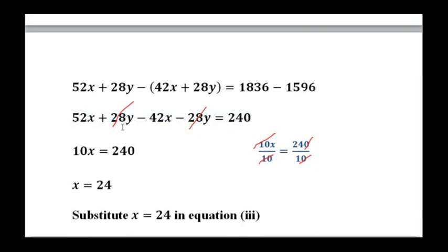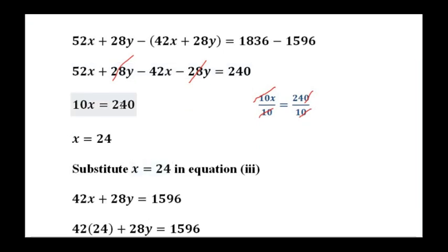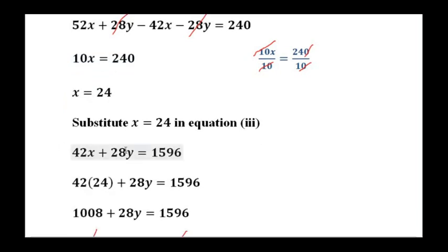As you can see, positive 28y and negative 28y is 0, and positive 52x minus 42x is 10x equals 240. Since we are finding the value of x, I'm going to divide this equation by 10. We get x equals 24.